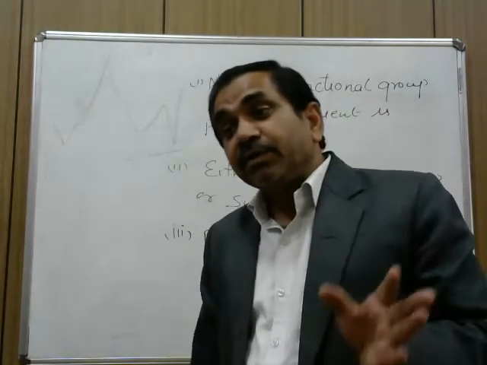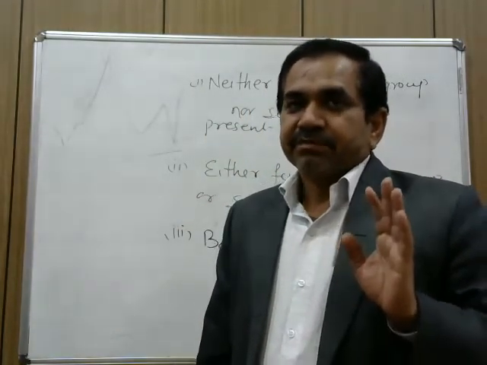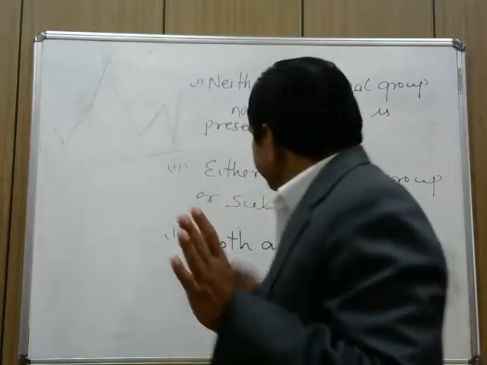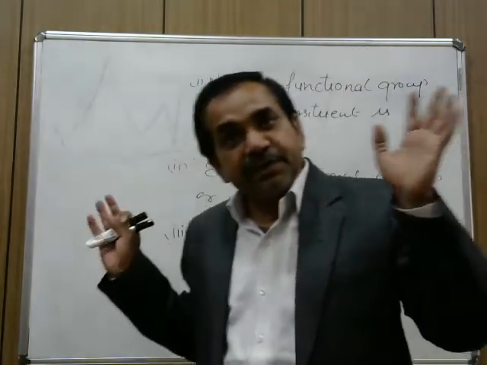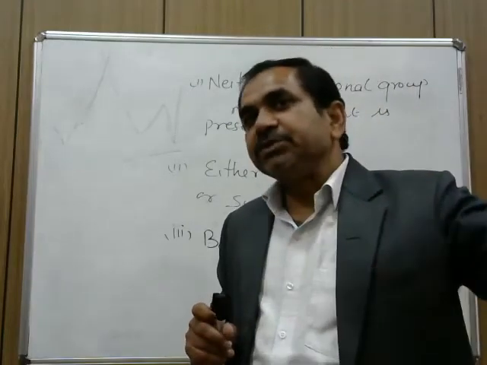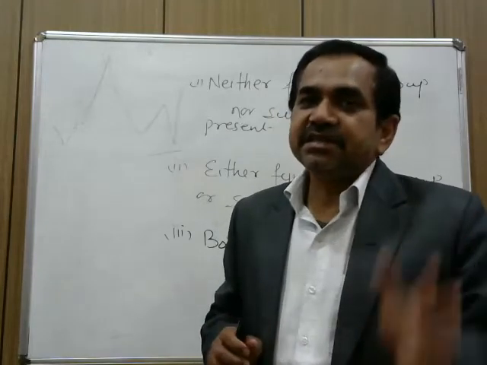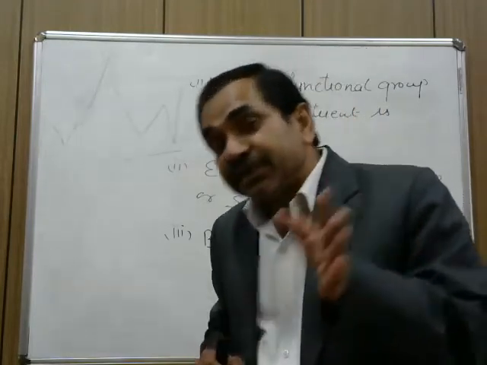But if the given compound has both, meaning there is a functional group and a substituent both present, then the position of the substituent is ignored. It should be numbered from that side which gives the least number to the functional group.